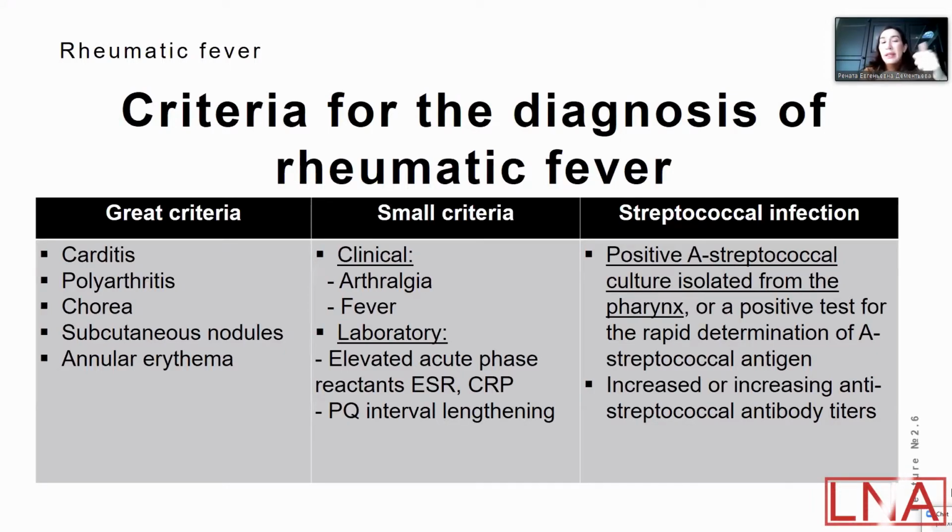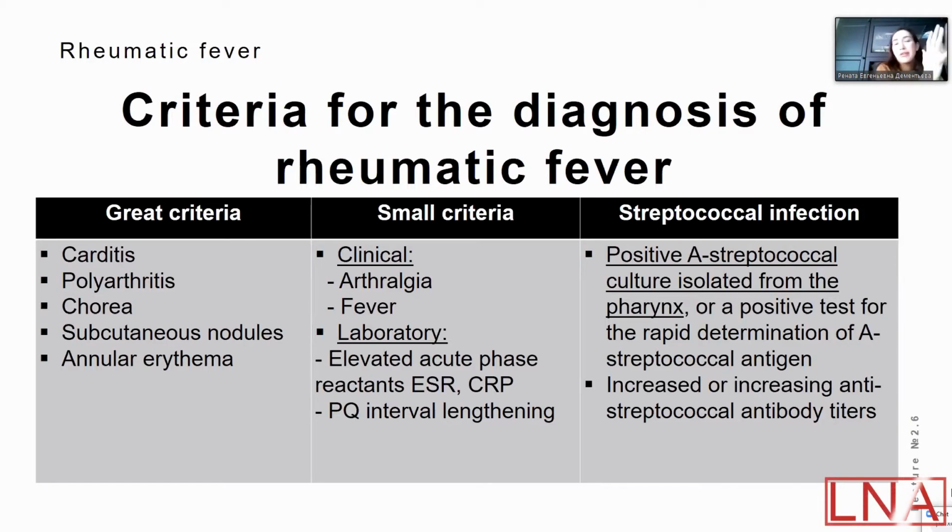Minor criteria, clinical: arthralgia and fever. Laboratory: elevated acute phase reactants like ESR and CRP, and a prolonged PQ interval on ECG, which tells us about decreased conductivity.